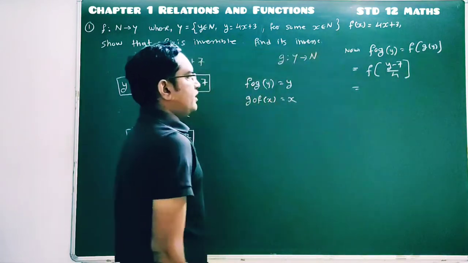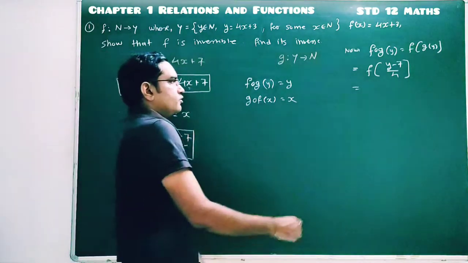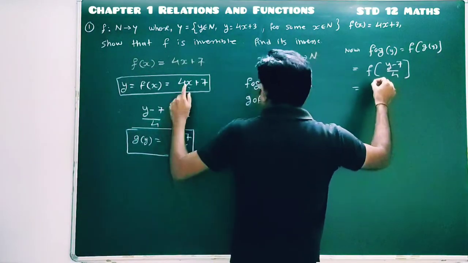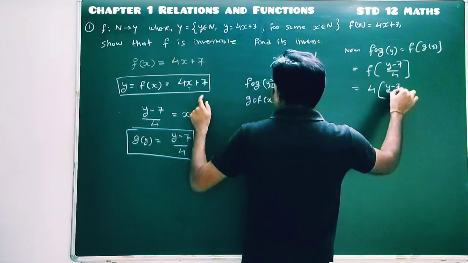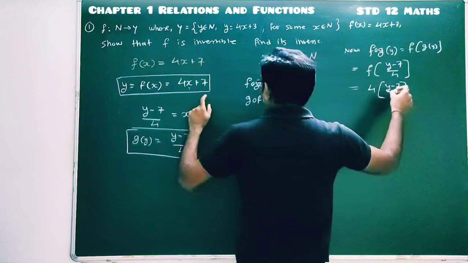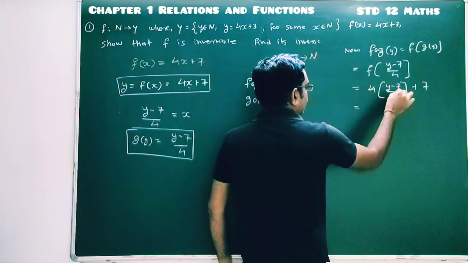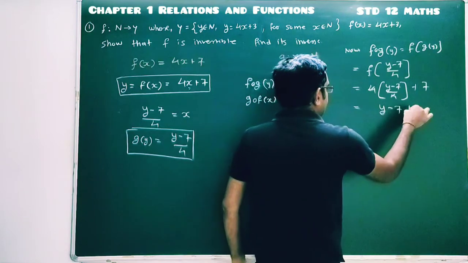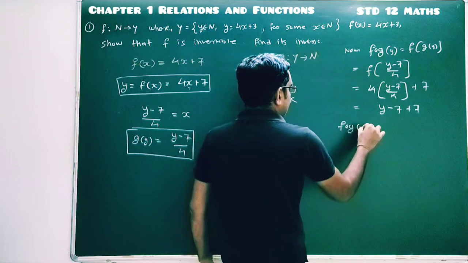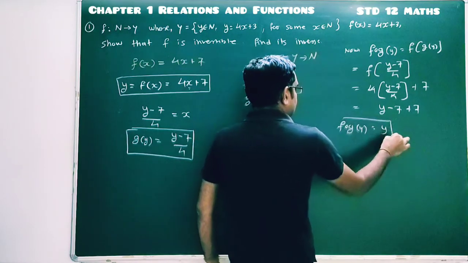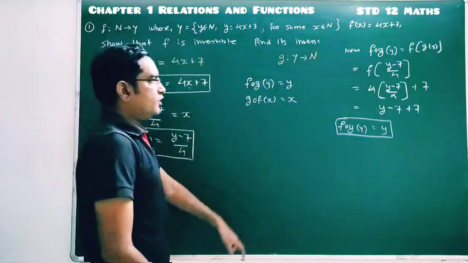So it's f of (y minus 7) by 4. f of x will give us 4x plus 7, so f of (y minus 7) by 4 will give us 4 into (y minus 7) by 4 plus 7. So this is equal to 4 cancels, y minus 7 plus 7. So f of g of y equals y. Proved. Done.